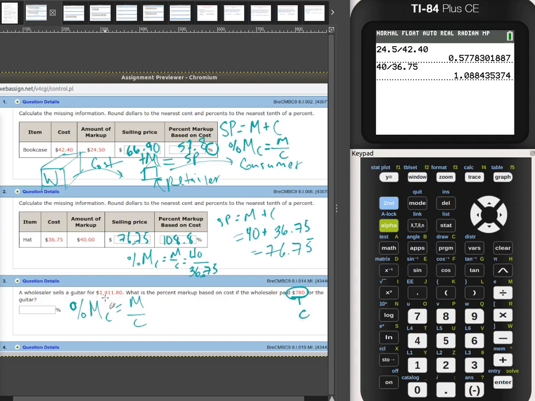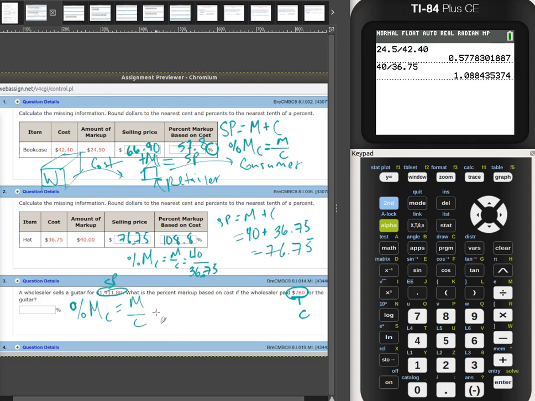What about this $1,411.80? That's how much he sells it for. So notice that must be the sell price. So we're going to have to calculate this markup.